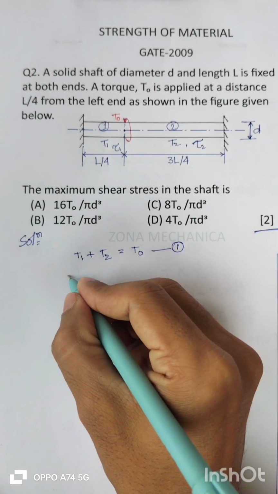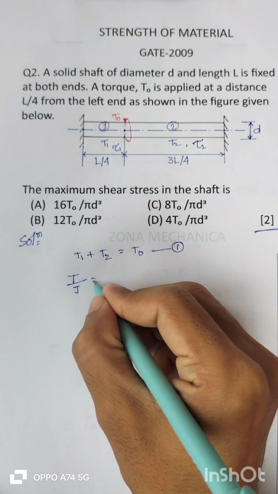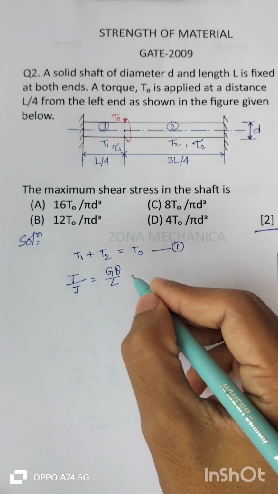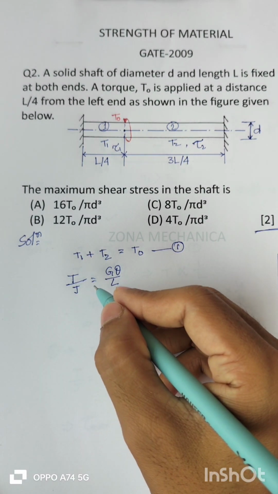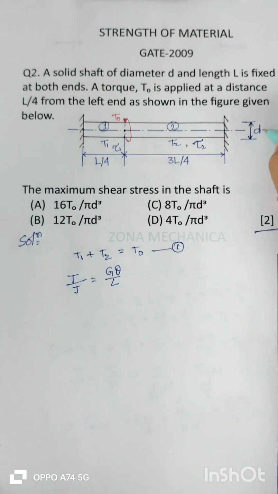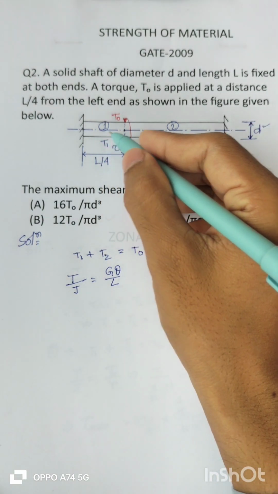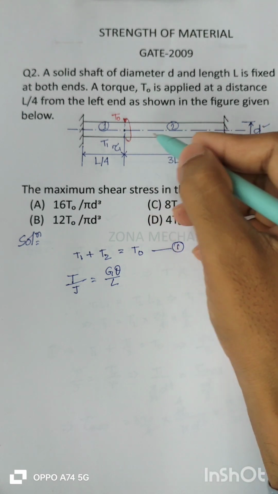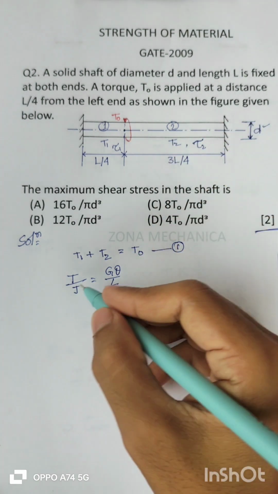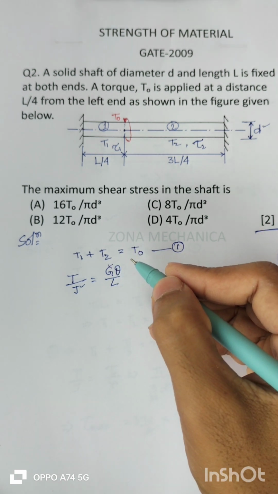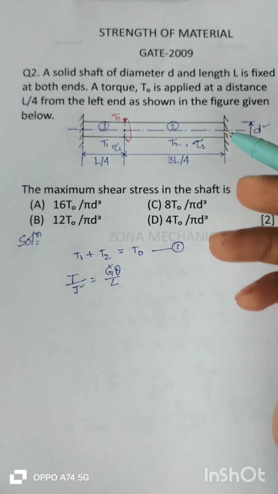From the torsion formula, T by J is equal to G theta by L. All the symbols bear their usual meanings. We can say that J is fixed since D is fixed, that is the diameter throughout the length is the same, a uniform cross section. So J is a constant, and G, the modulus of rigidity, is constant, the homogeneous material.